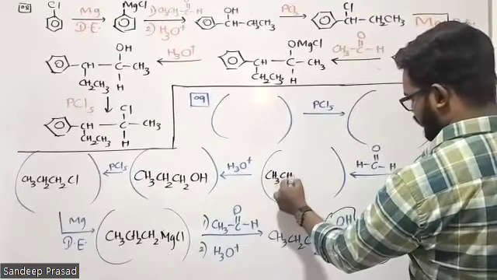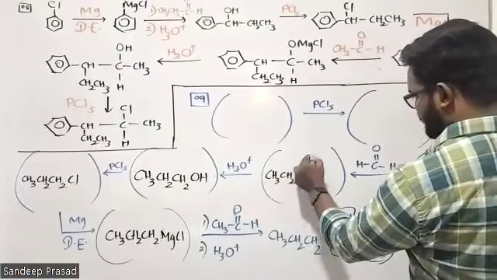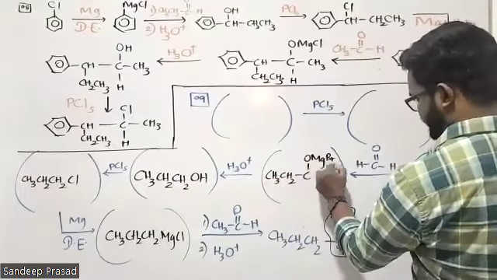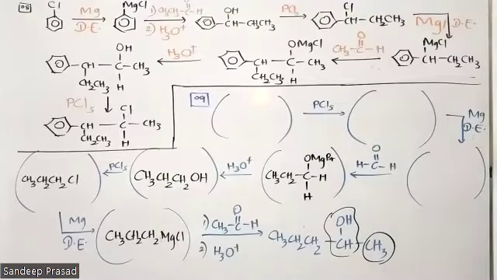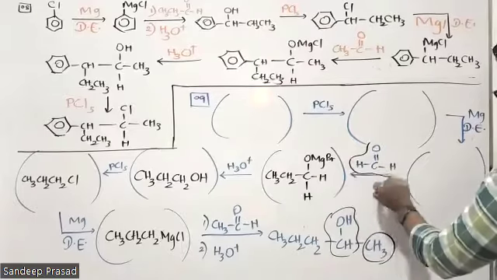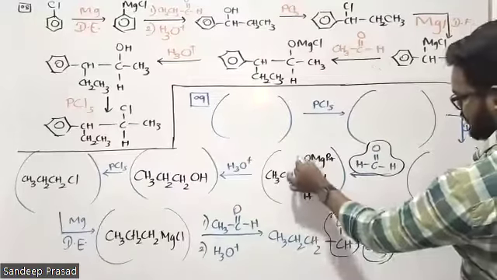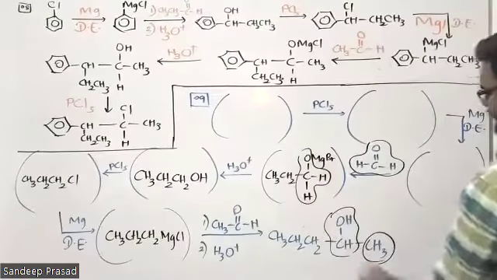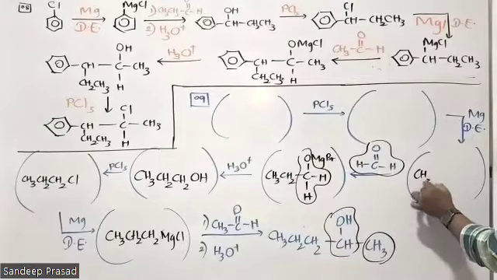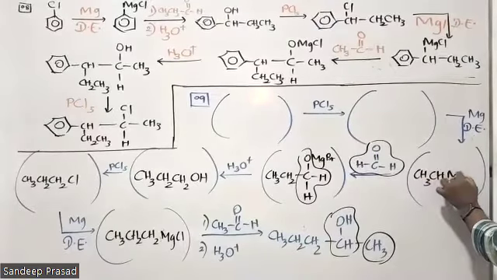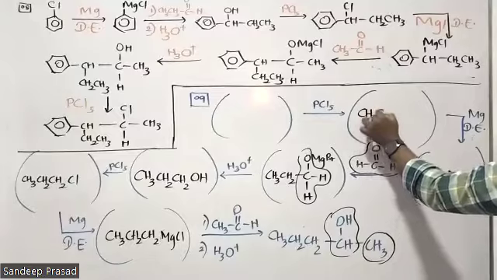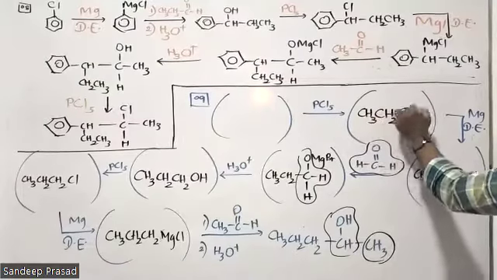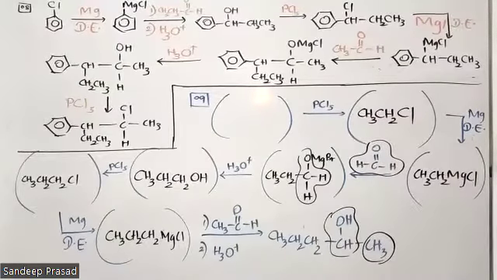So we can say that this is CH3CH2 OMgBr, CH2. So the aldehyde is added for this one. So this is that aldehyde. Then the Grignard reagent should be CH3CH2MgCl. Then this is CH3CH2Cl, alkyl halide.